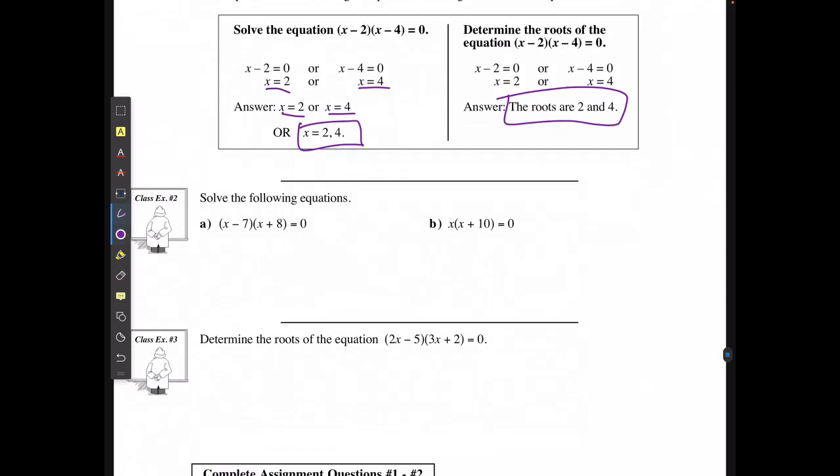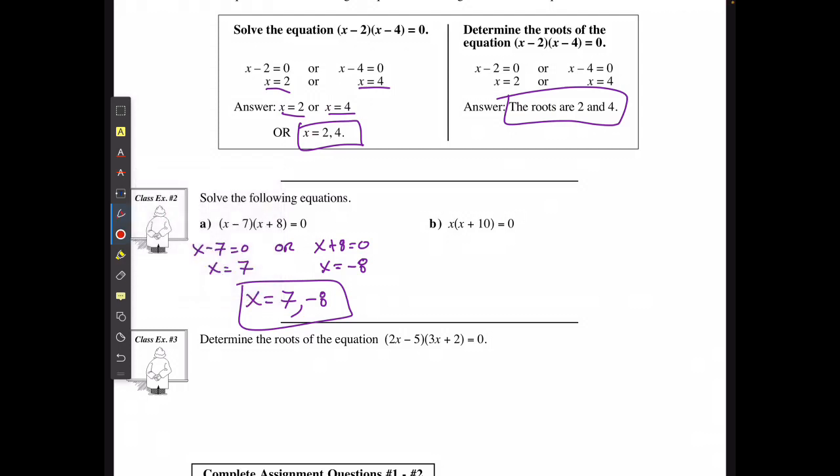So, if I'm solving the following equations, well, I could say that either x minus 7 is equal to 0, or x plus 8 is equal to 0, which means that x would equal 7, or x would equal negative 8, which means the answer is x is equal to either 7 or negative 8 for this to be true.